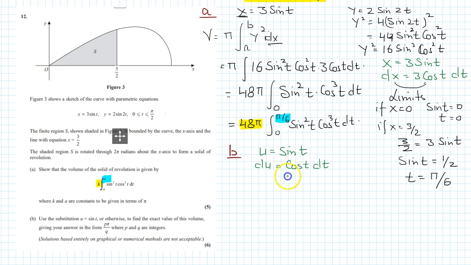And cos square t is equal to 1 minus sine square t, so 1 minus u square.